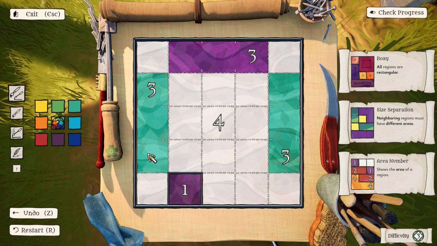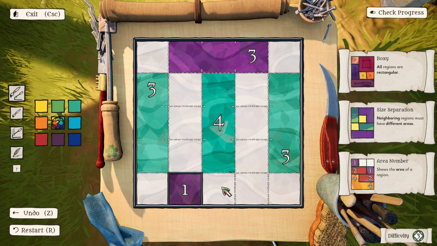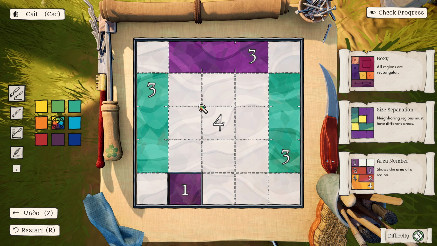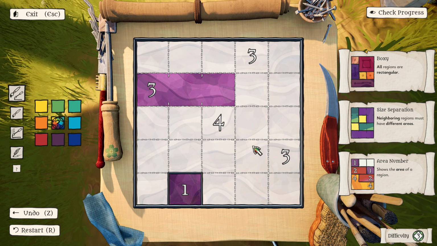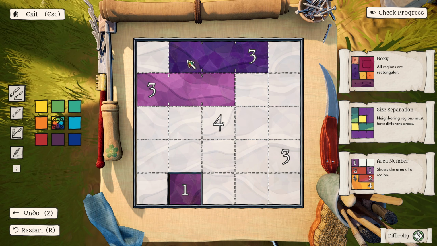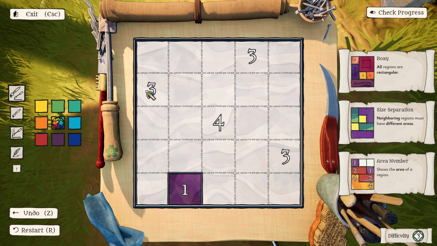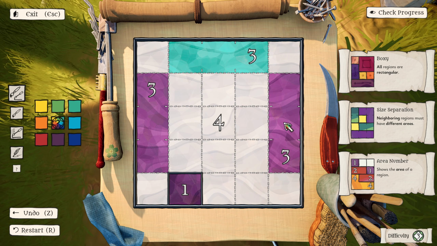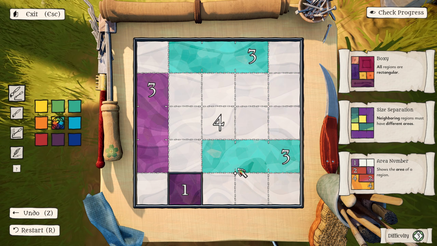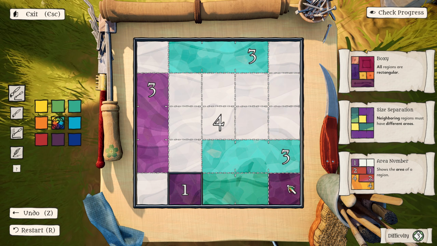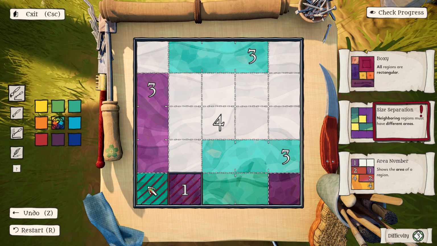The 3s might have to all go to outside edges. Because if this 3 comes inwards, that can do that, or that, or that, which touch. So I think those going outside edges, although this could come this way, and that could do 2 and a 1. But that leaves a 1 there.